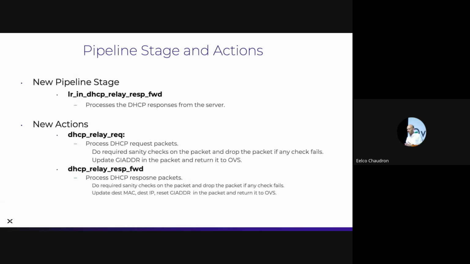There are two new actions added. One to process DHCP request packets, the other to process DHCP response packets. In both cases, the packets are redirected to ovn-controller. The OVN controller does required sanity checks on the packet. It drops the packet if any check fails. Otherwise, the required information is updated in the packet and then it's sent back to OVS.